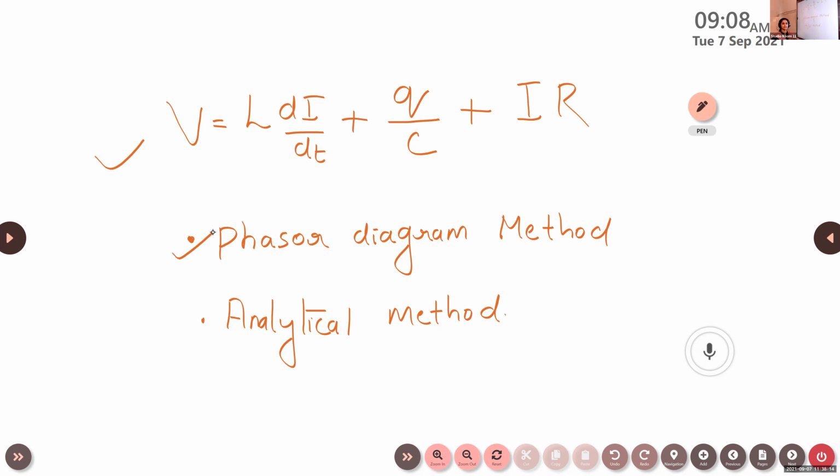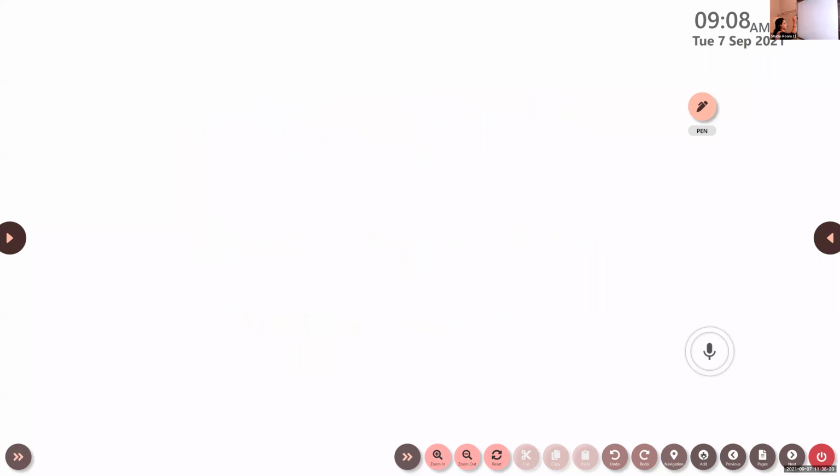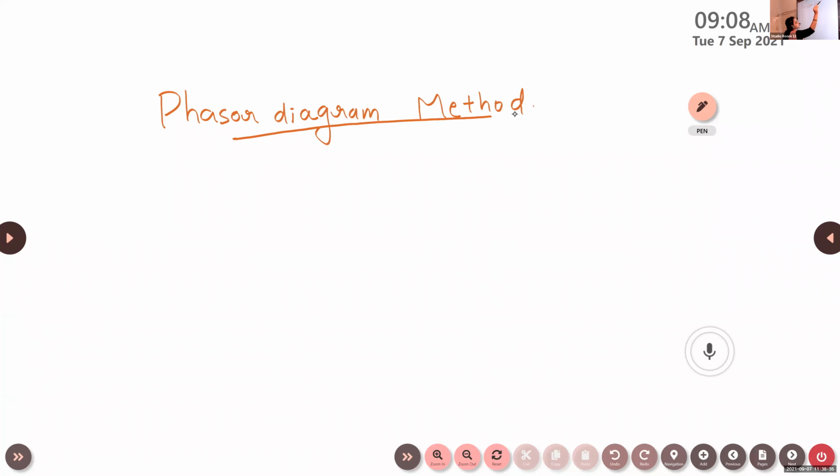We can discuss these two methods one by one. First of all, we are going to discuss the phasor diagram method.